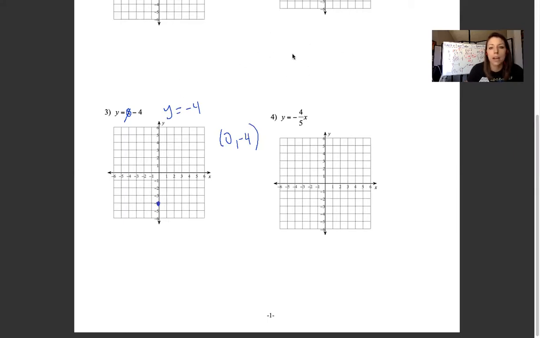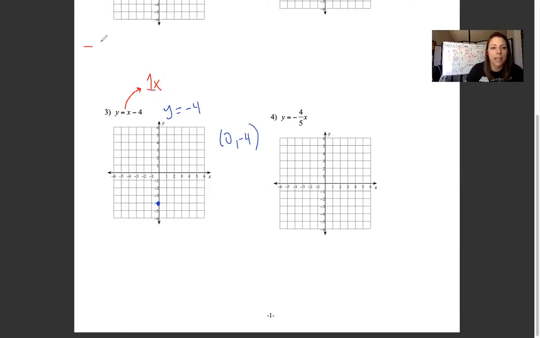The slope here is the tough one, because if you look at the function, what is x being multiplied by? There's nothing there. So remember, there's this thing called a hidden 1. x is the same thing as 1x. In front of any variable, there is a hidden 1.